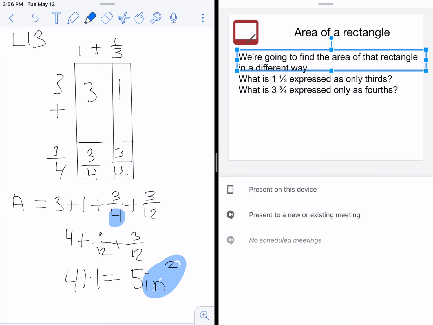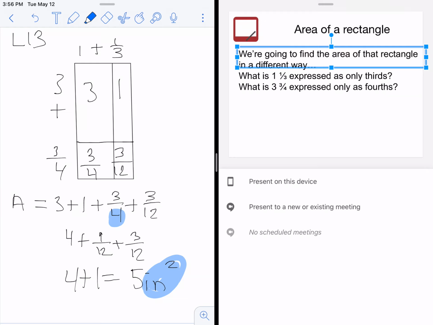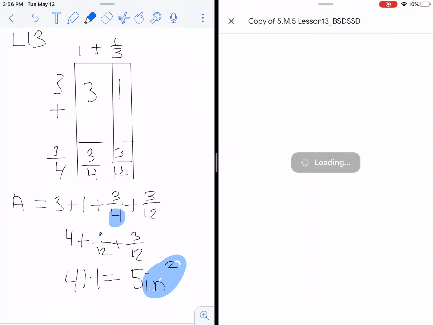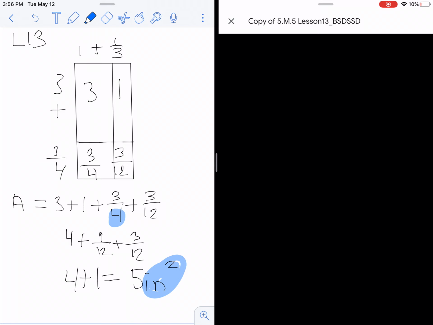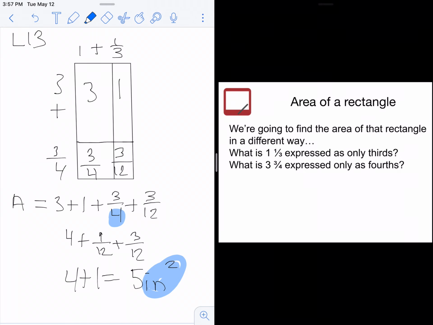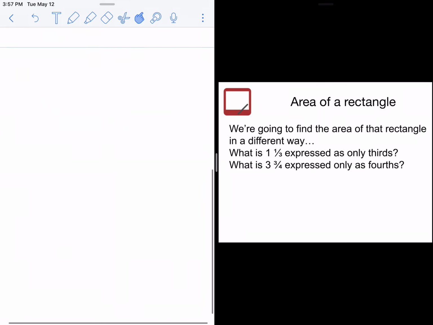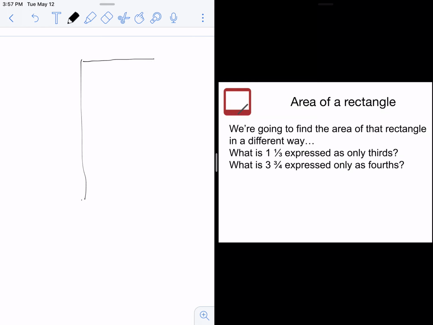I'm going to present this. Okay, so I'm just going to scroll down. Okay, so we're going to find that area of the rectangle in a different way. So we have the same 1 1/3, 3 3/4.